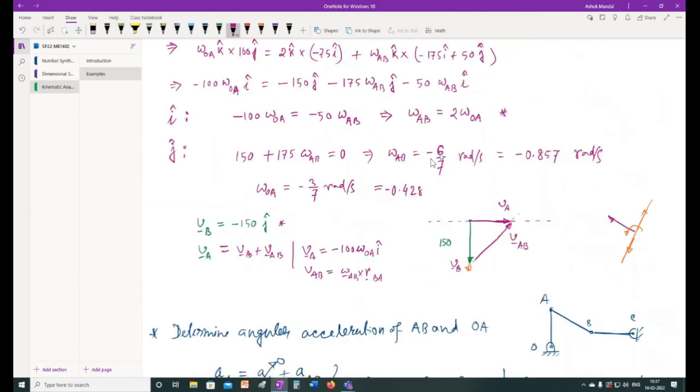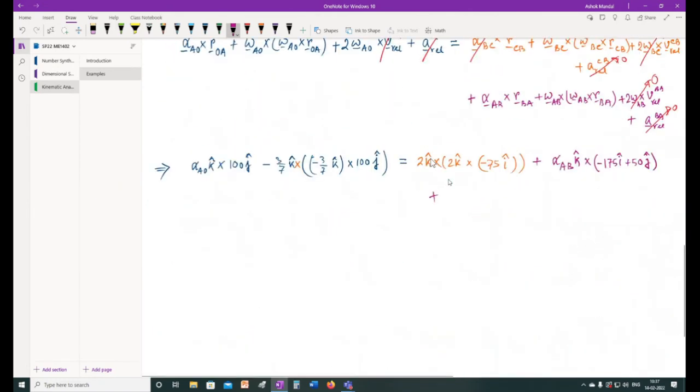Minus 6 by 7 K. So this is minus 6 by 7 K multiplied with again minus 6 by 7 K, cross multiplied with R, which is 175 I plus 50 J. Okay, we have completed.